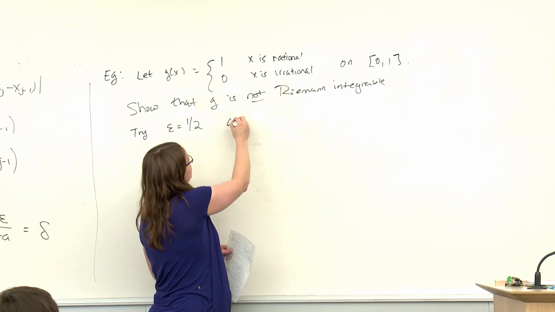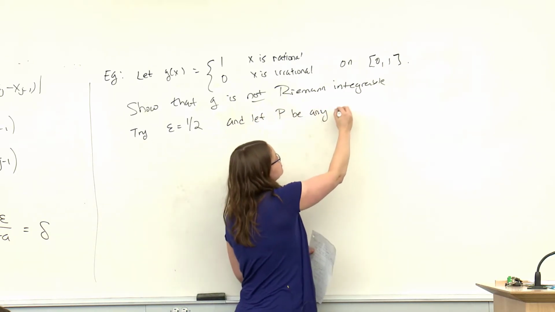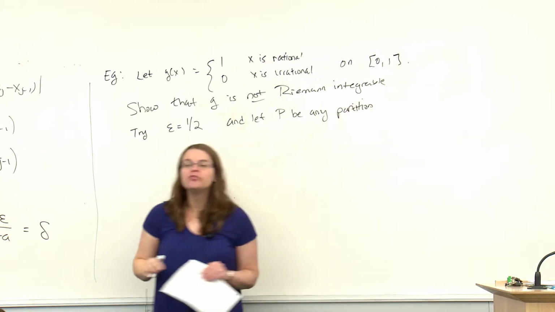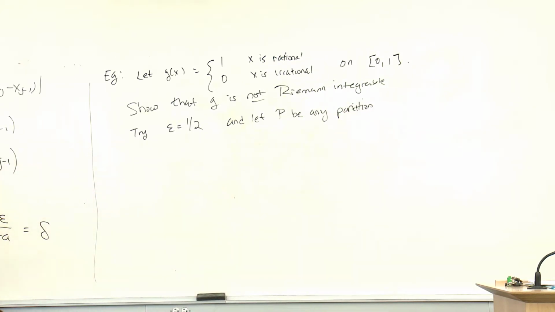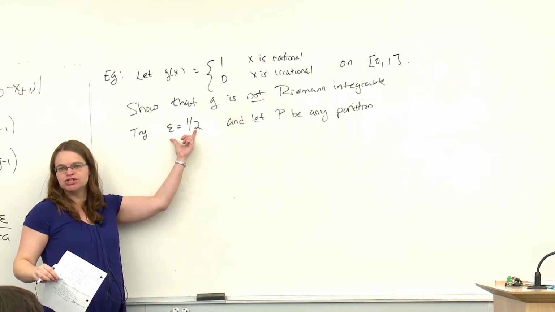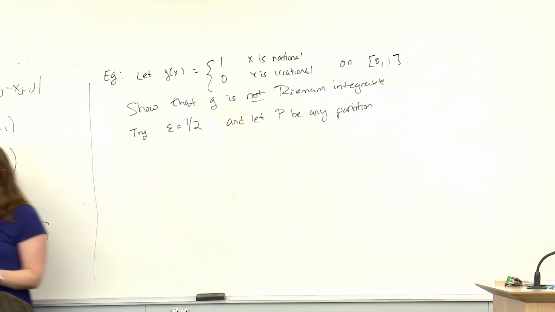And I'm going to let P be any partition. The norm of P can be as small as you like it to be. I don't care. No matter how small it is, we're going to try to show that we cannot get this Riemann sum to stay within a value of 1/2 of any choice of L.